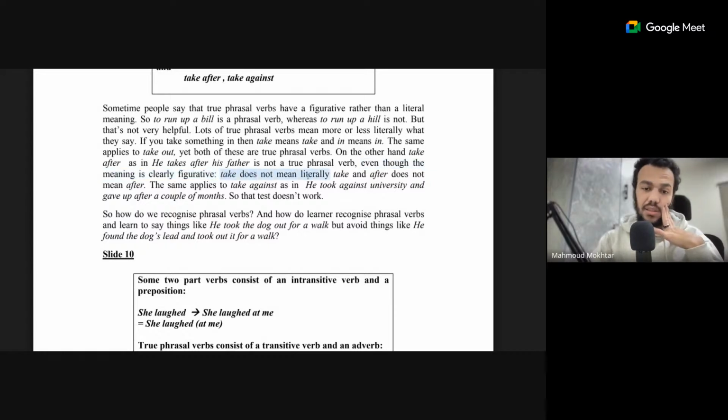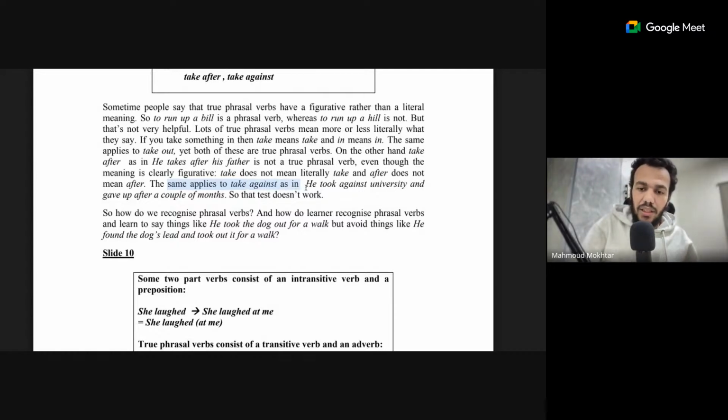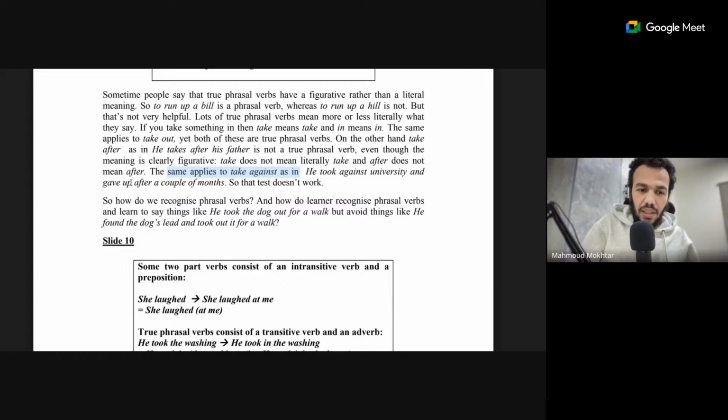Take doesn't mean literally take, and after doesn't mean after. The same applies to take against, as in he took against university and gave up after a couple of months. So that test doesn't work.